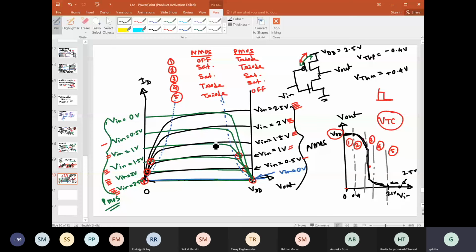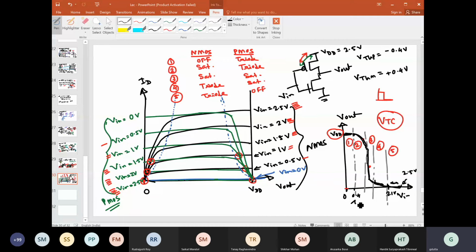If the transistor did not have any VDS dependence in the saturation region, that is, if the 1 plus lambda VDS term is not there, then it should be parallel to the horizontal axis and fall almost vertically. Otherwise you will get some slope here. Then region 4, and finally region 5.